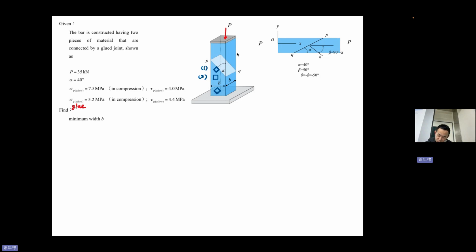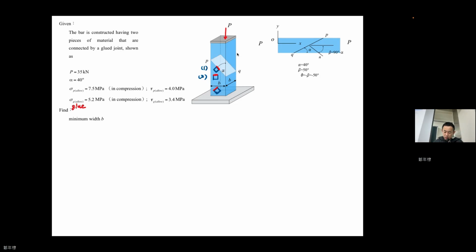So the first check is the glue joint surface, with its maximum normal and maximum shear stress. So we need to check these three surfaces, and then we can obtain the minimum B. This is a little bit difficult, I would say.